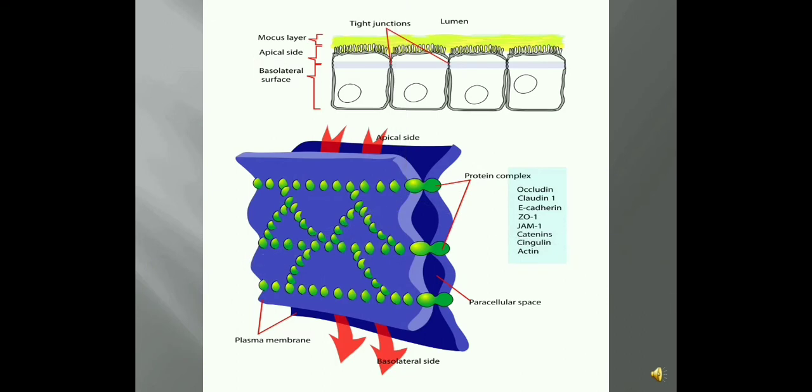Let's start with the first one, that is tight junctions. These junctions maintain cell polarity. They prevent lateral diffusion of proteins and ions. That means they do not allow proteins and ions to enter inside. And they tightly hold the cells from the lateral sides.